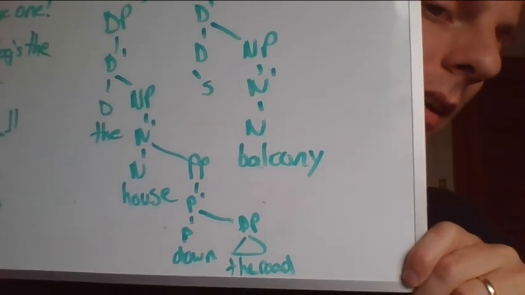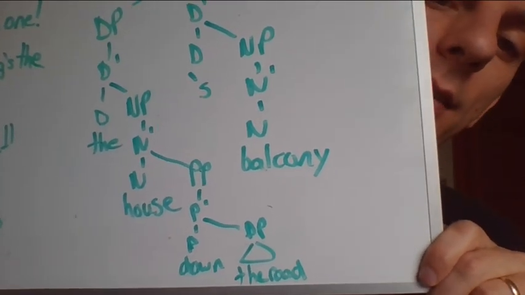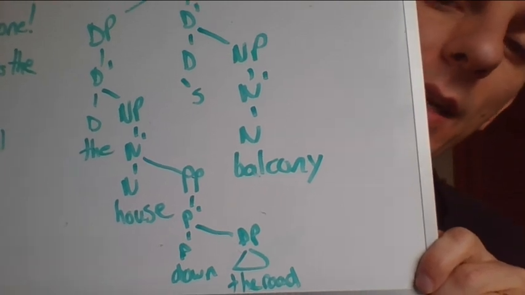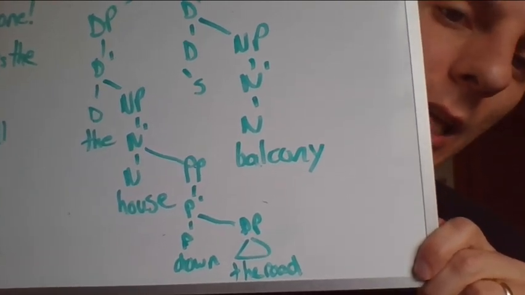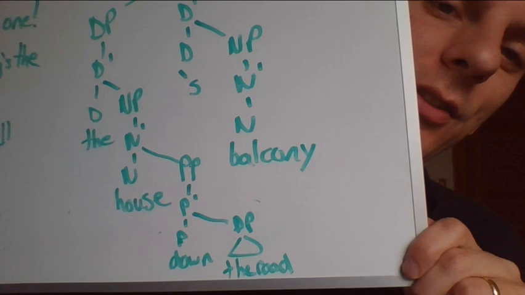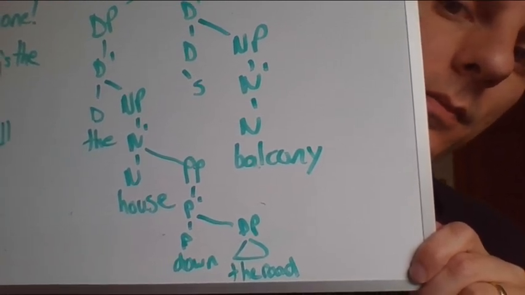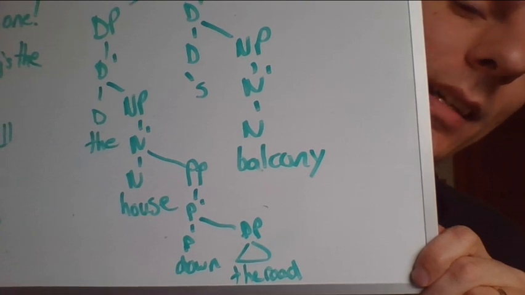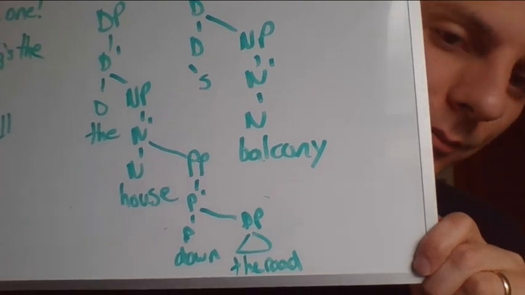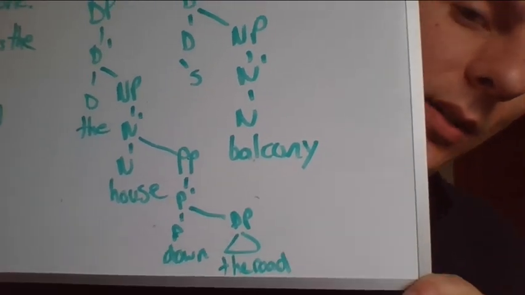Now it's going to appear as though the apostrophe S attaches to the road, just like we add in the house down the road's balcony. But we note that it's really just coming all the way after that possessor phrase DP. And it's sticking close to balcony. Hopefully that makes sense.